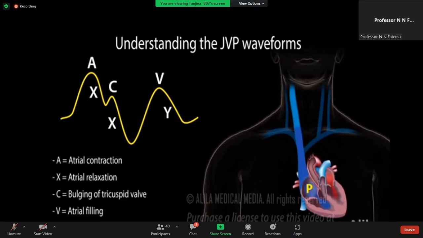But during the atrial systole and atrial diastole, something is going on inside the ventricle also. So the other waves are actually a reflection of the ventricular activities, because the ventricle is a very strong chamber and the atrium is a poor chamber with very little pressure. Maximum pressure inside the right atrium is 5 millimeter of mercury.